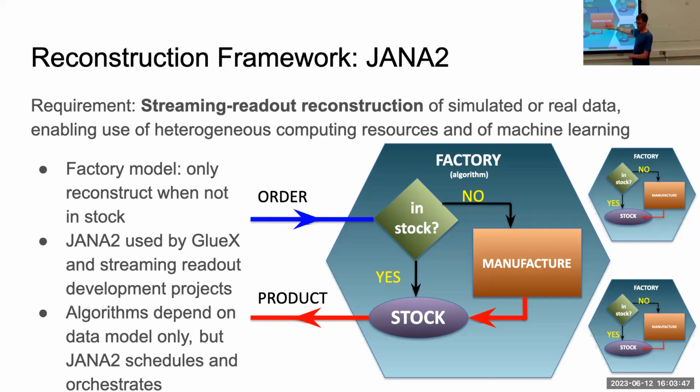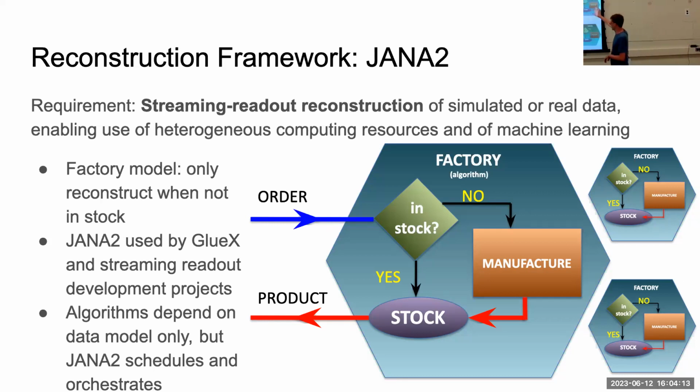It's possible that while I need to calculate this, I have to request something else, then I'm going to contact another factory. If that one has it already in stock, it will give me what it already calculated. Otherwise, it's going to calculate something. Maybe it needs some input there. It's going to ask another factory. So it's essentially the way modern just-in-time manufacturing works applied to computer algorithms.